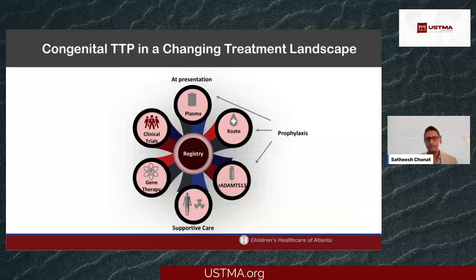Hopefully, the phase 3 studies of recombinant ADAMTS13 will eventually meet their endpoints and it will be approved. It could potentially be a game changer in treating congenital TTP and may potentially become a standard of care in the future.